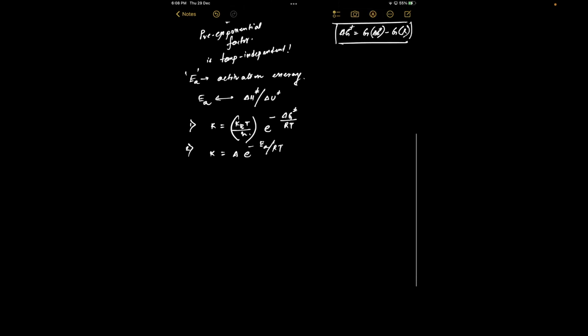Now take the logarithm of both sides in these two equations and take the temperature derivative.